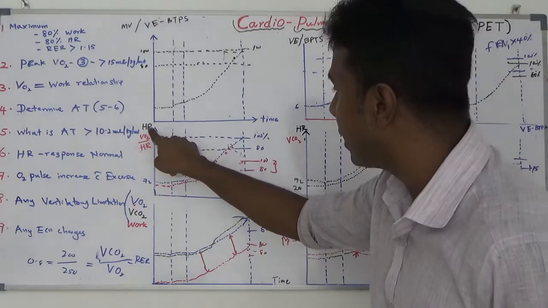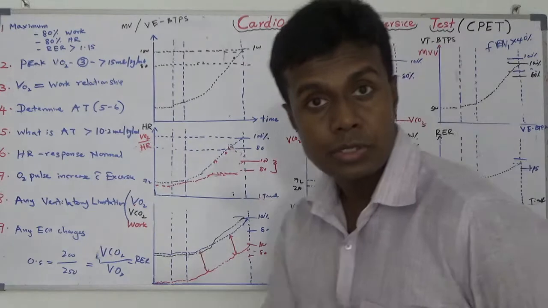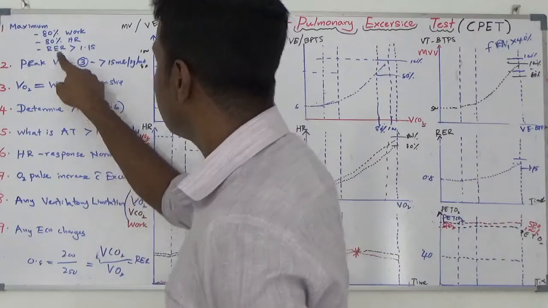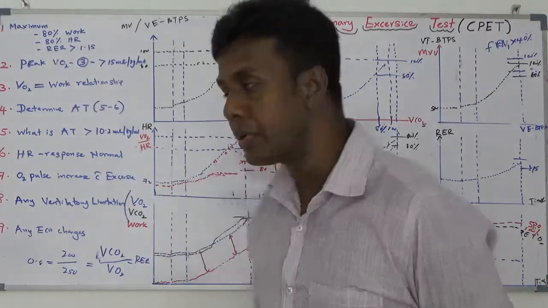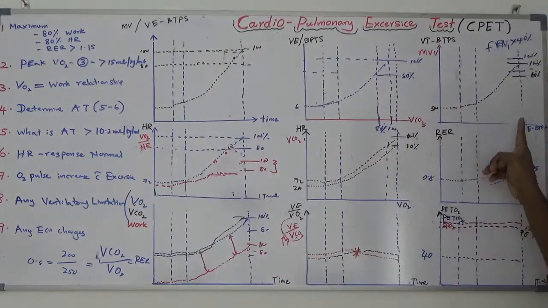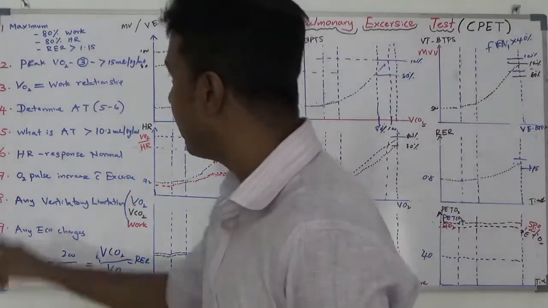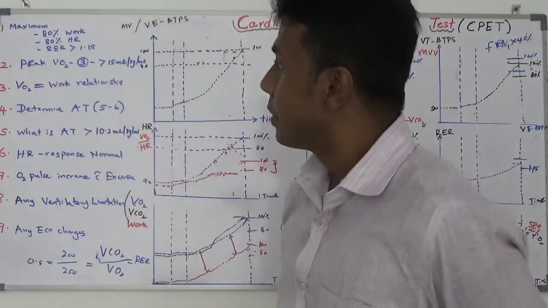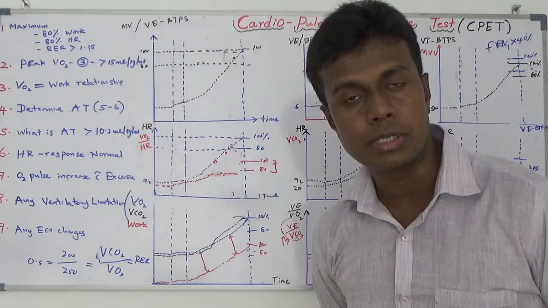Check whether your patient achieves at least 80% of normal heart rate. Then check whether your patient achieves at least 1.5 respiratory exchange ratio. It is here. 1.5 respiratory exchange ratio.